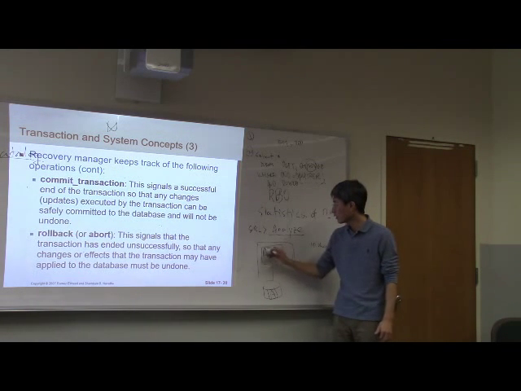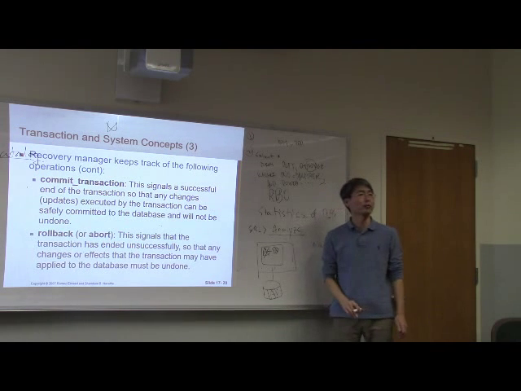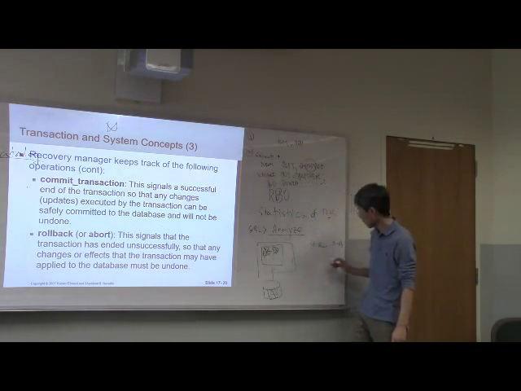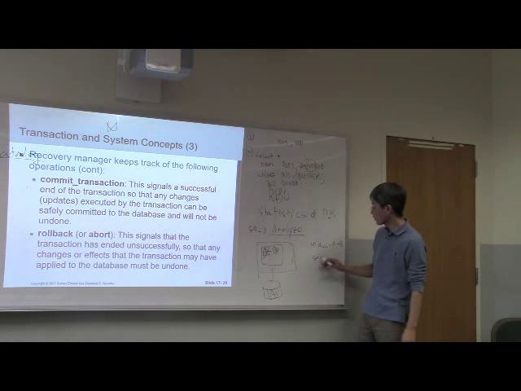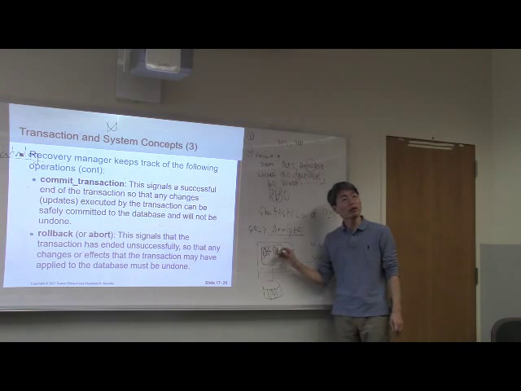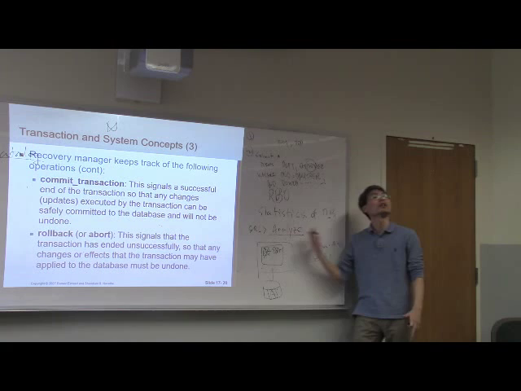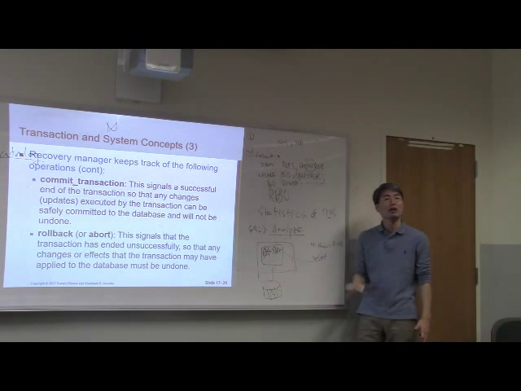When you commit, it's permanently applied, but not to the hard disk drive yet. Okay? It's in the memory. Then another transaction selects the data, and because it's in memory acting as a cache, it can return the new data.